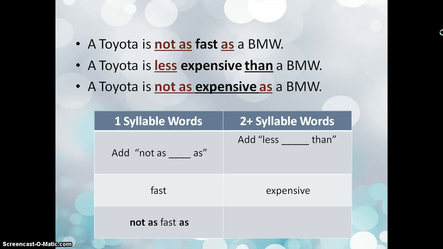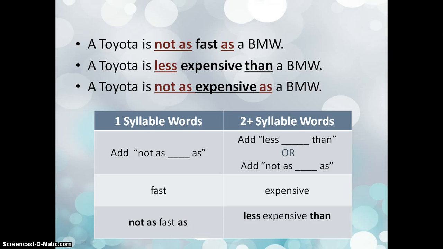So it can become less expensive than. But I could also say not as as. So I could also say not as expensive as. Either one of these choices is fine for 2+ syllable words. However, with one-syllable words, you can only say not as fast as. You cannot say less than.